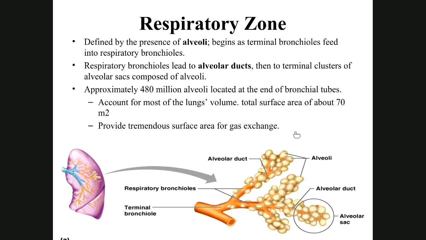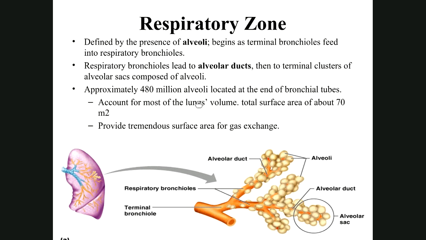Terminal bronchioles means they are the end part of the bronchioles. They have small bag-like structures. They are called alveoli. How are these alveoli attached? These alveoli are attached with the alveolar ducts, and then it terminates in clusters of alveolar sacs composed of alveoli.